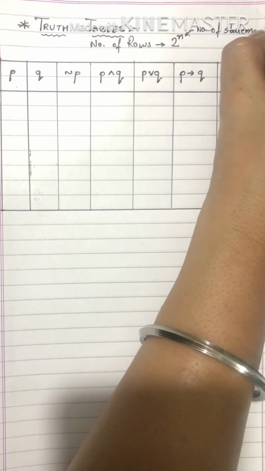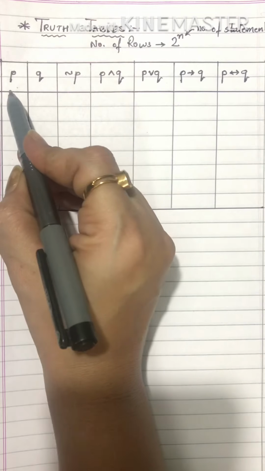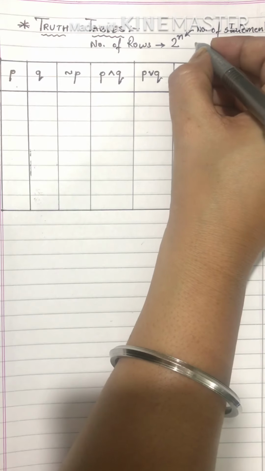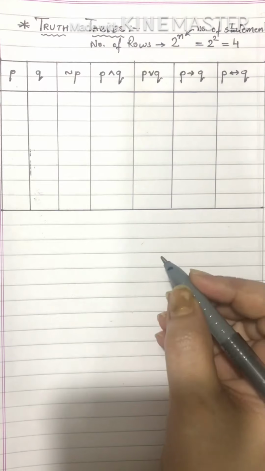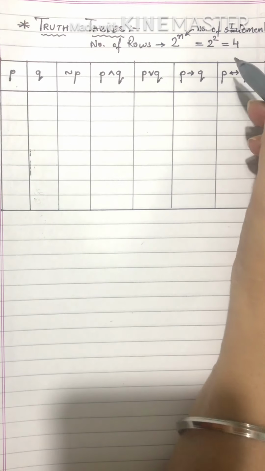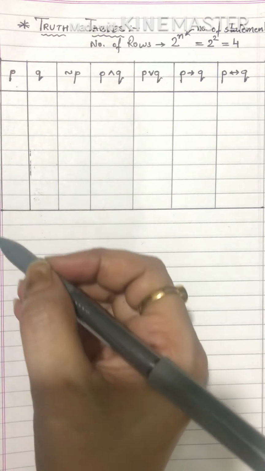In this example I have taken two statements. One statement is P and one statement is Q. So if two statements are considered, then the total number of rows would be 2 raised to 2, that is 4 rows. And whatever total number of rows you get, you have to divide it into two parts, so 2 parts for true and 2 parts for false value.